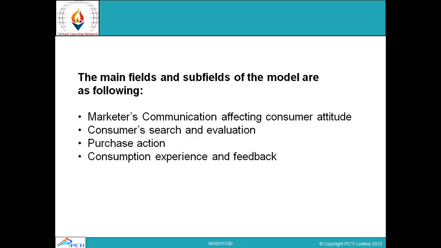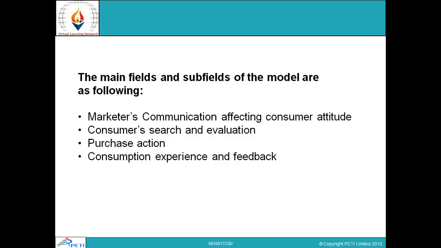Now, my dear friend, communication passes through various media. Communication not only means mass media and personal communication, but there are other factors like product, price, and even distribution. That plays a very important role in marketers' communication affecting consumer attitude.